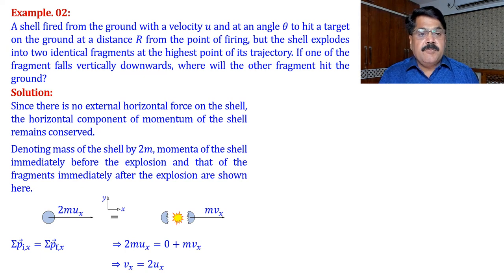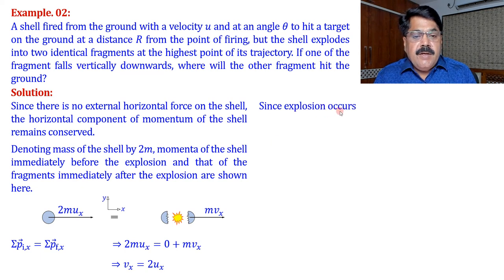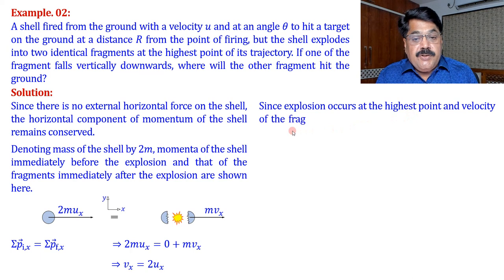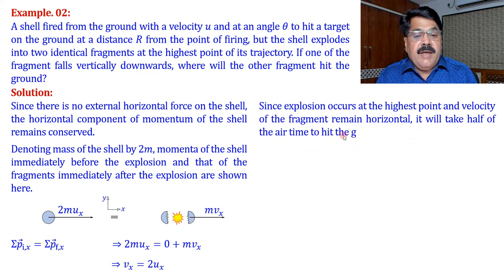Because at the highest point it has no vertical velocity, so considering the vertical component of motion, it starts with zero velocity and must take the same time it took to rise to the highest point. Since the explosion occurs at the highest point and the velocity of the fragment remains horizontal, it will take half of the air time to hit the ground. That is a very remarkable idea.